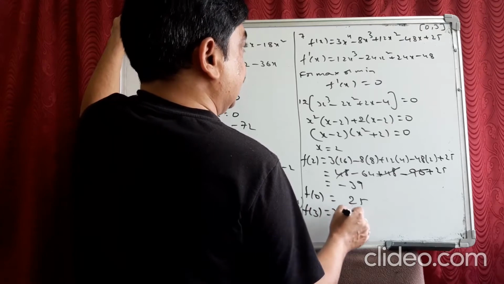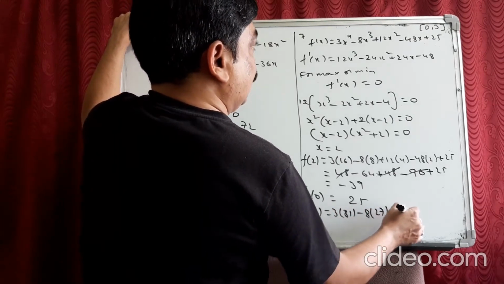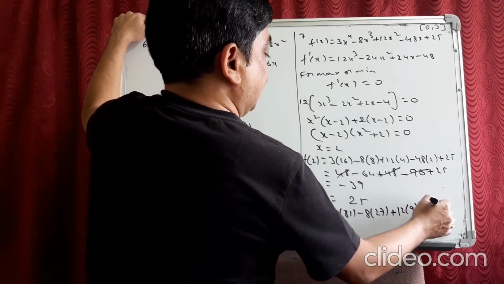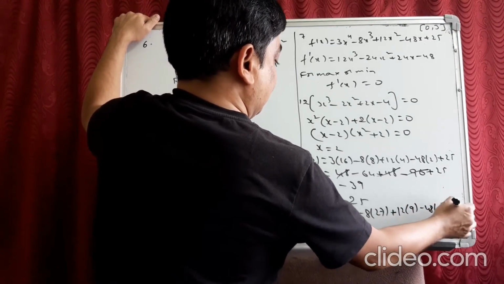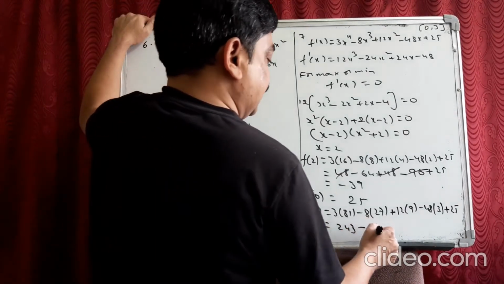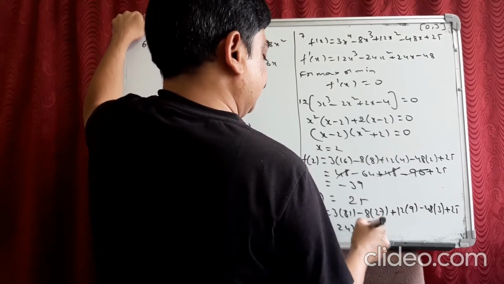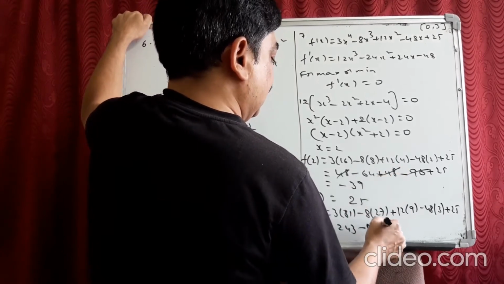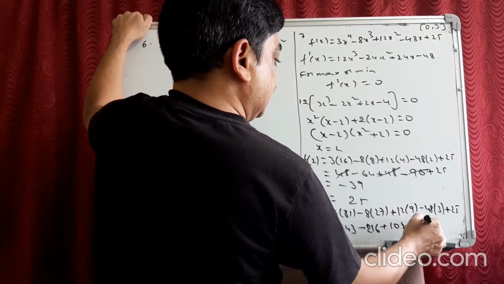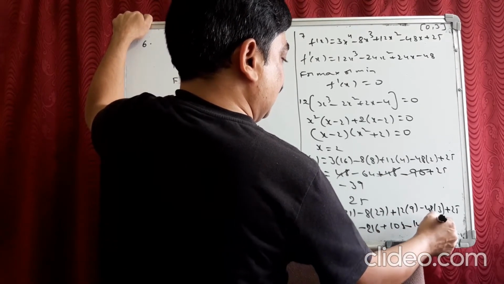Next, f(3): 3 into 81, minus 8 into 27, plus 12 into 9, minus 48 into 3, plus 25. That is 243 minus 216 plus 108 minus 144 plus 25.